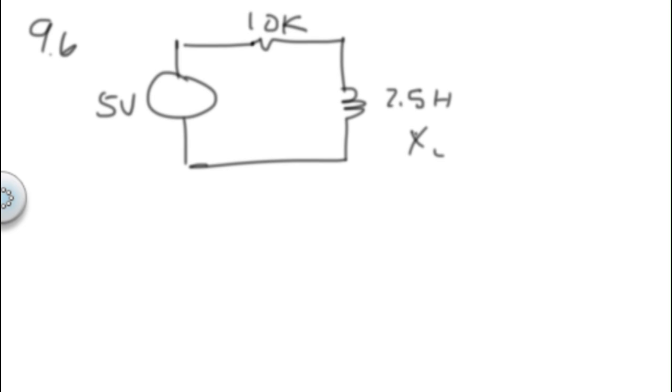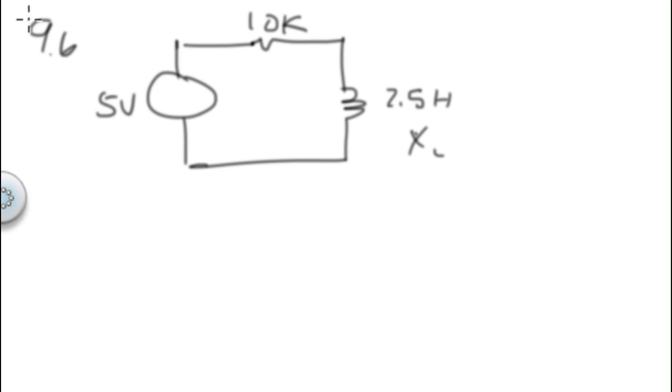And number 7 gives the value of X sub L and X sub C, and you basically do the same kind of action that you would with the prior one.